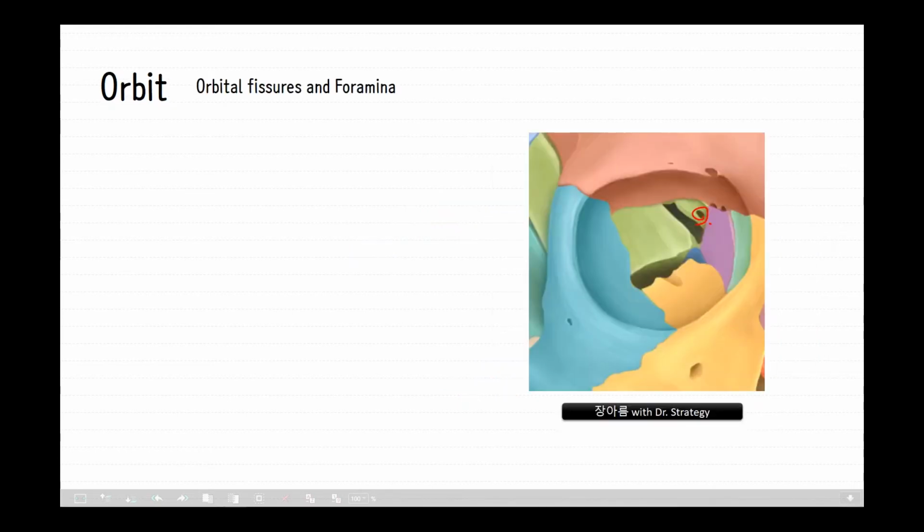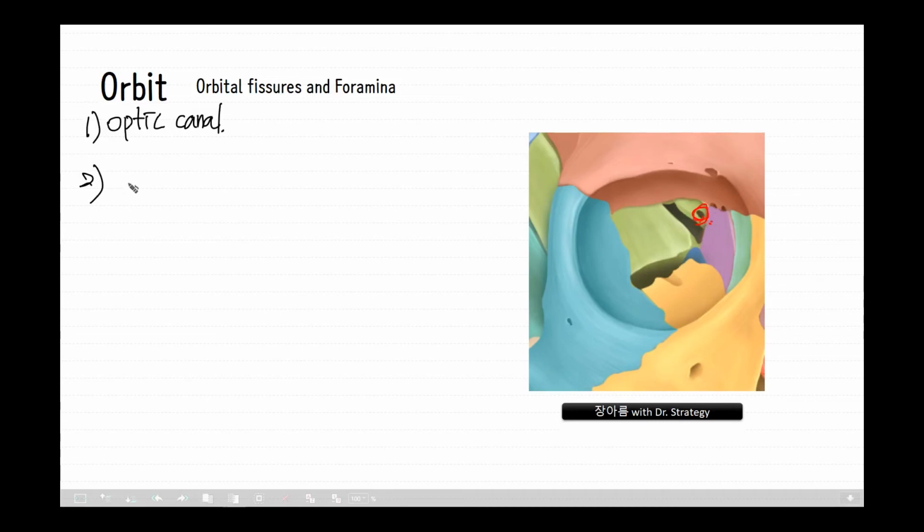Okay, let's look at the orbital fissures and foramina. There are 6 foramens or fissures in this area. I will write down the names of those structures. Number 1, optic canal. Here.